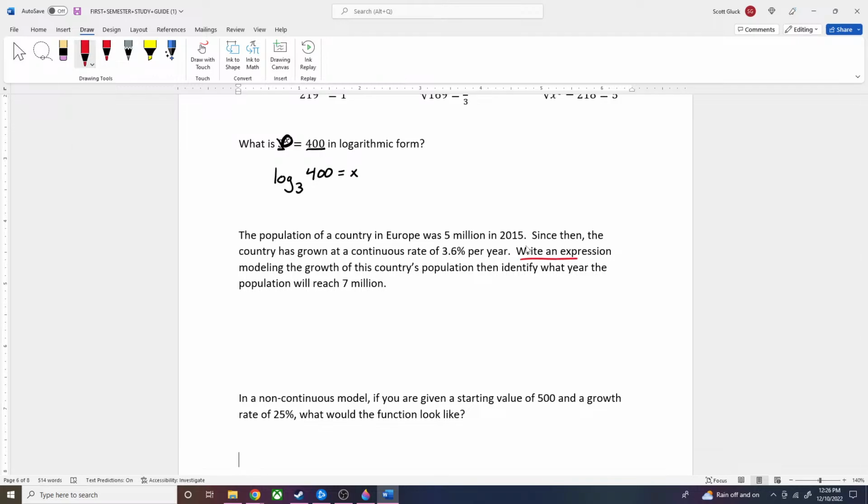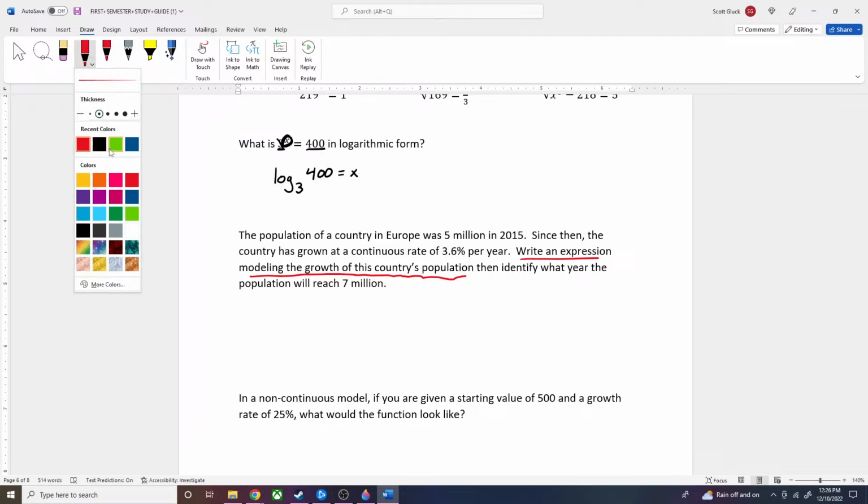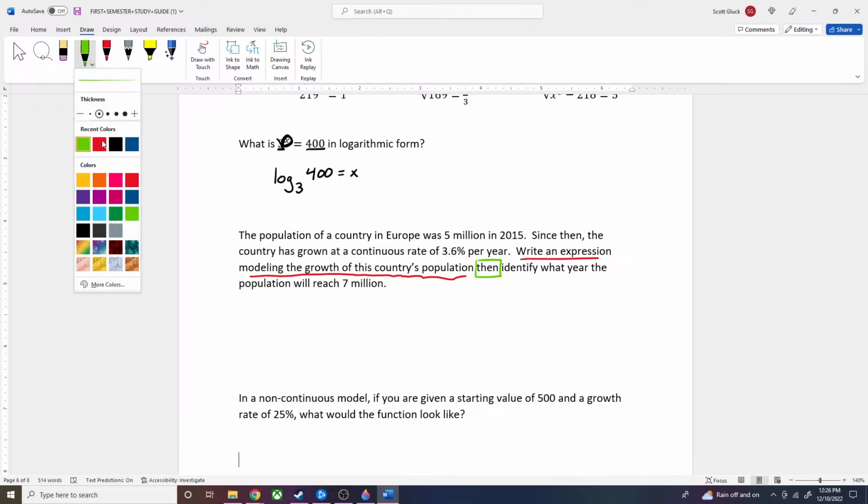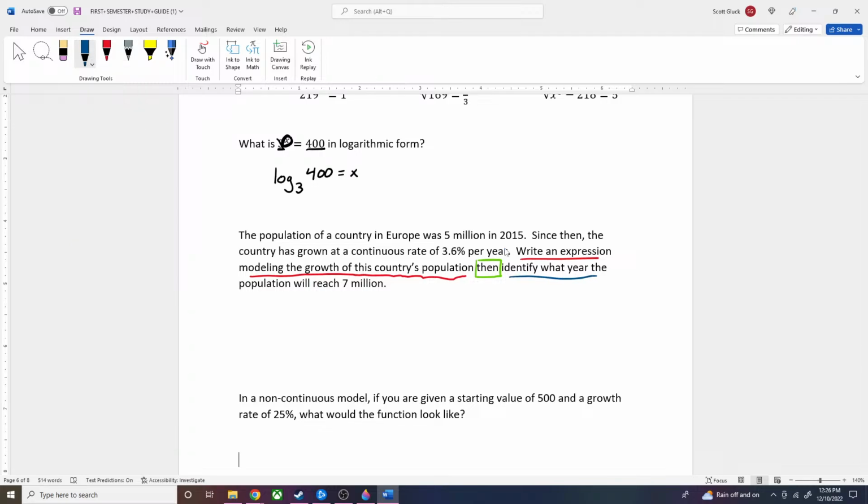So look at this. Write an expression modeling the growth of this country's population. Okay? This word right here, then, tells you you are completing a second separate task once you have completed the first task. Okay? Identify what year the population will reach 7 million.